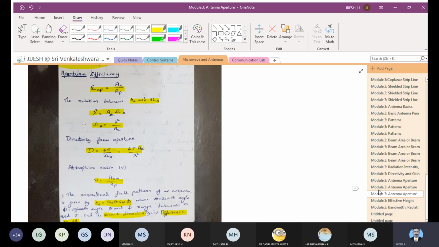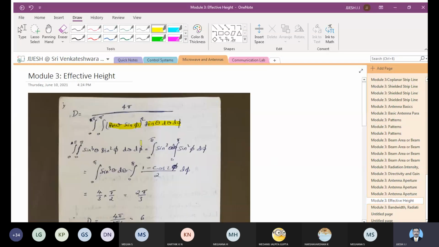Here in the question, theta and phi range from 0 to pi. It is clearly mentioned. So theta and phi have to be taken between 0 and pi itself. So you have to integrate the integral of 0 to pi, integral of 0 to pi, sine cube theta, sine square phi, d theta d phi. Let us do the integral of theta separate, phi separate.